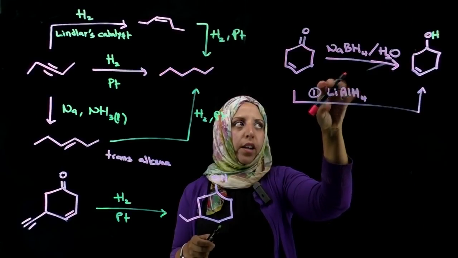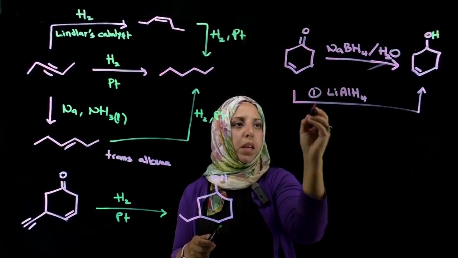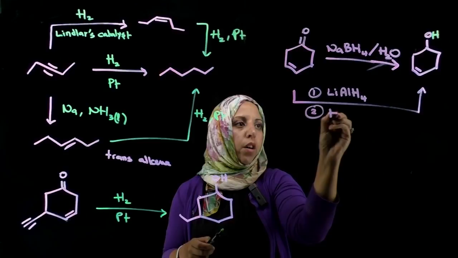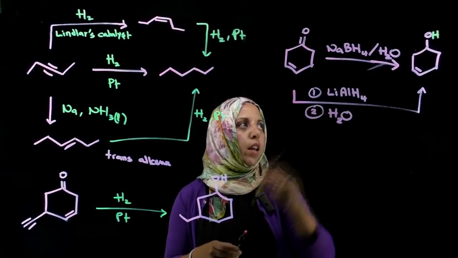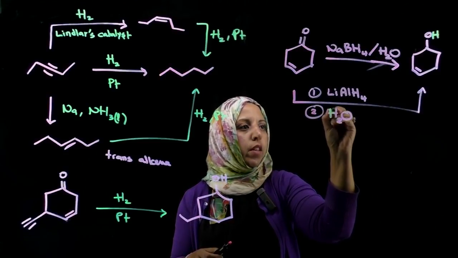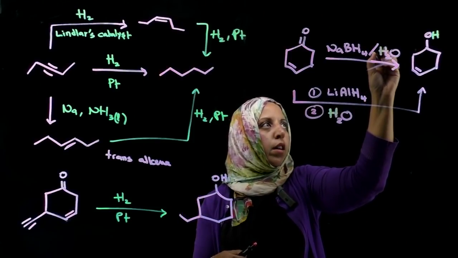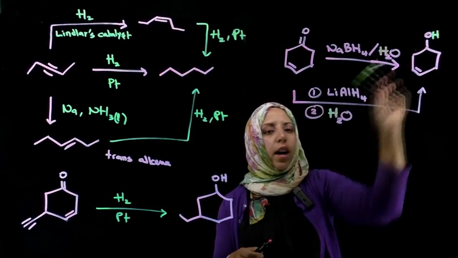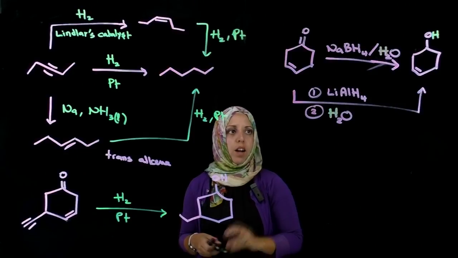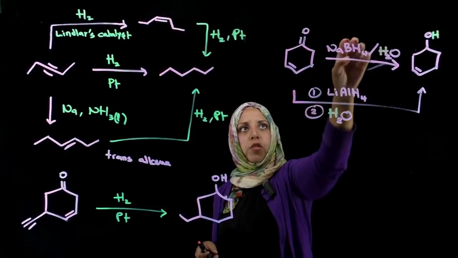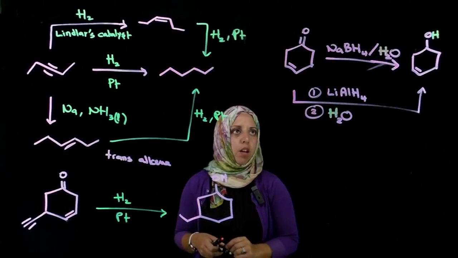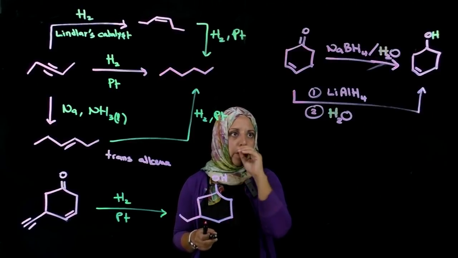Because it's very reactive with water, instead of running it in water, we add water as a second step. It is the hydrogen from water, or the solvent in this case, that ends up protonating an alkoxide ion, and the hydride from the reagent ends up adding to the carbonyl carbon. So that's lithium aluminum hydride.